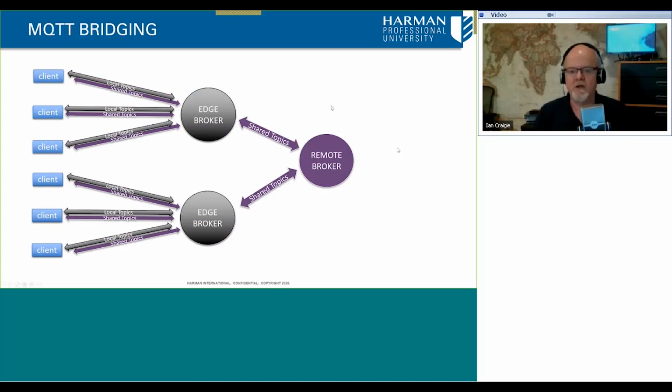Or maybe there's a shared resource that is required, that is, again, a centrally located publishing client. And again, it can be isolated on its own. And through this bridging opportunity, we can limit the amount of traffic that actually needs to be propagated universally across all of the brokers.